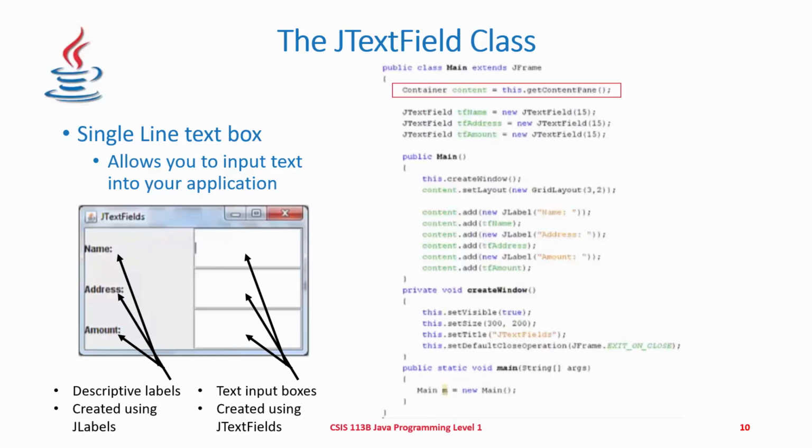Then using the this.getContentPane method, we have created a new container called content. Then we are defining 3 new JTextField objects: tfName, tfAddress, and tfAmount. For the first text field, tfName, and actually in all three of them, the value 15 is being passed in the parentheses.